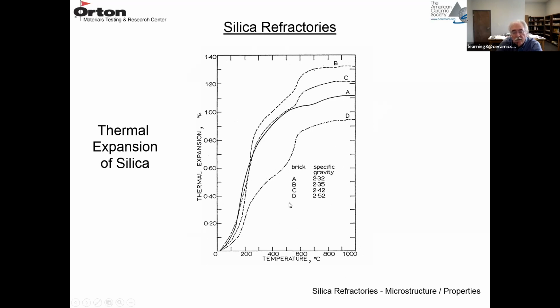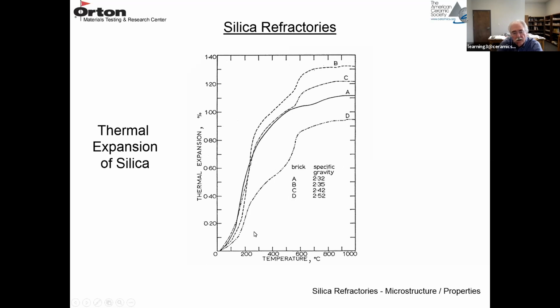We mentioned that quartz has a higher density, and the other 2, cristobalite and tridymite, have the lower density. So when you measure the specific gravity of the material after you produce it, if it's low, you've probably done a good job of converting everything from quartz to cristobalite and tridymite. If the density is higher, there's probably still residual quartz.